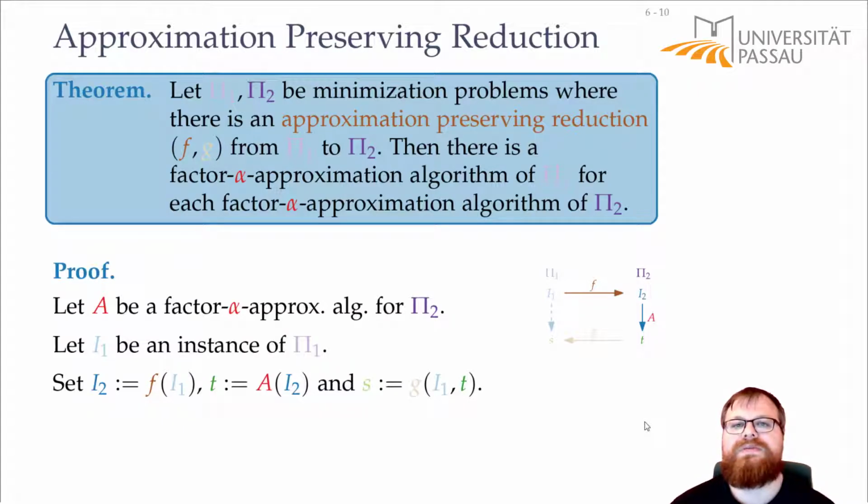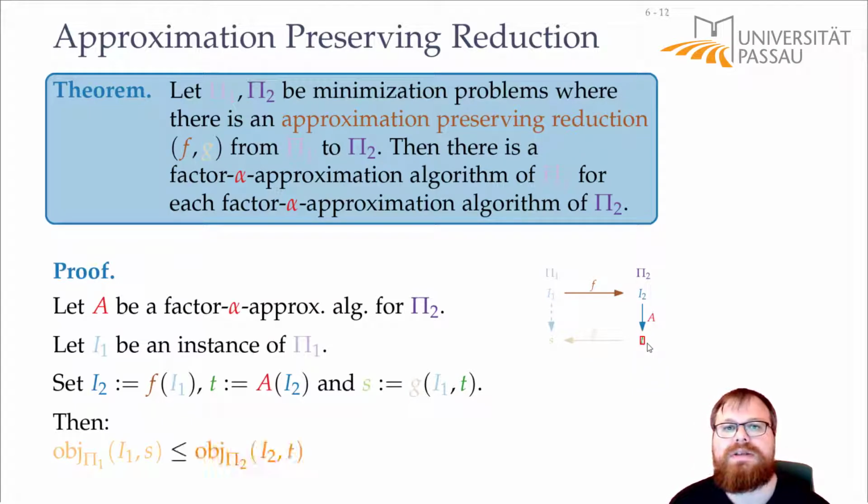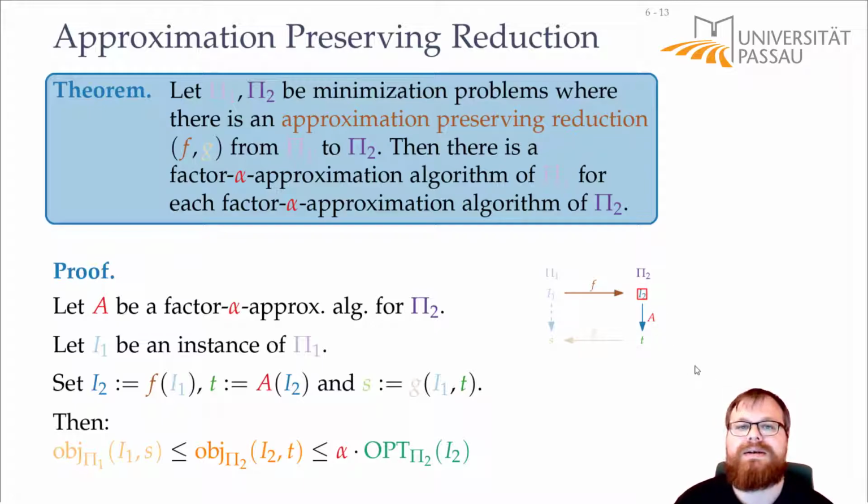And as I told you before, every step we do in this way only makes what we get smaller. So if we look at the objective function of the solution that we create for our instance I1, this is only smaller but not larger than the objective function of the solution t we got for I2. And for A, we know it's an alpha approximation, so this is at most alpha times the optimum for this instance.